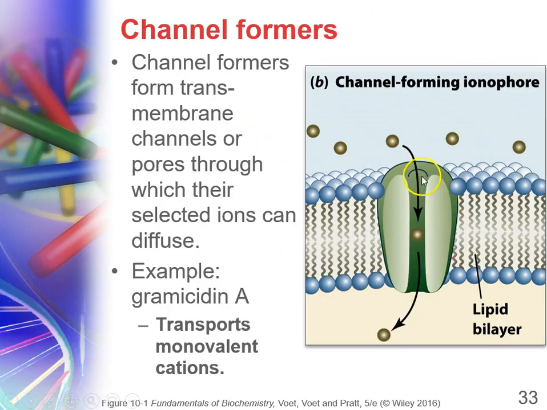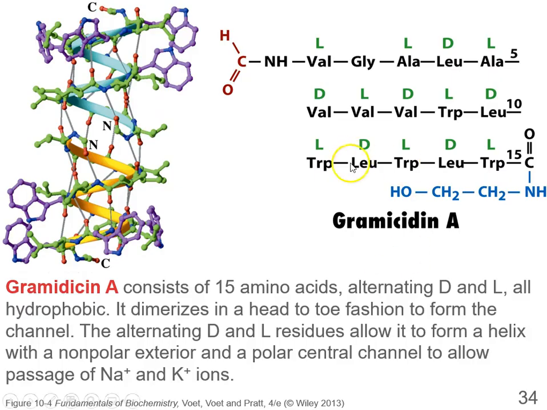Channel formers, so this is a channel forming ionophore. They form pores, and this allows selected ions to diffuse. So gramicidin A, for example, transports monovalent cations. This is what gramicidin A looks like. It's 15 amino acids, and again, because bacteria make them, we can alternate D and L amino acids.